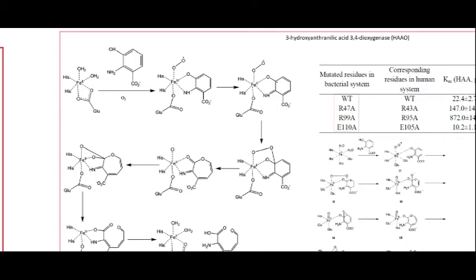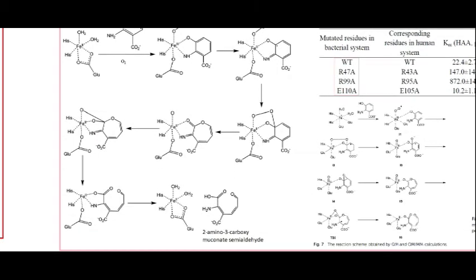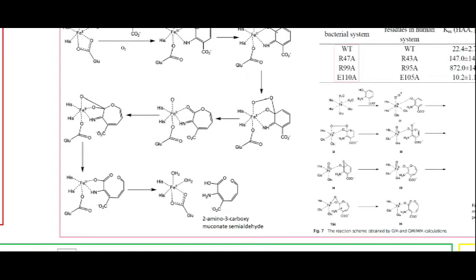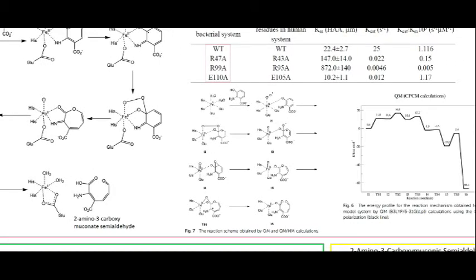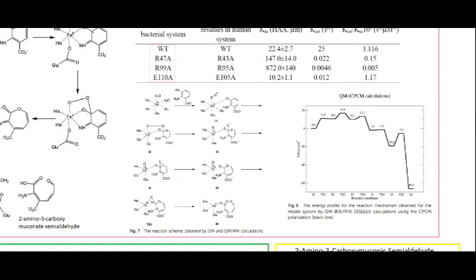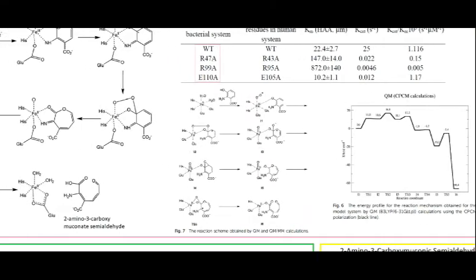And so there's actually two sort of proposed mechanisms for this. This one was found in a paper. They were using QM calculations, which is quantum mechanical calculations, oftentimes called QM/MM for quantum mechanical, molecular mechanical.